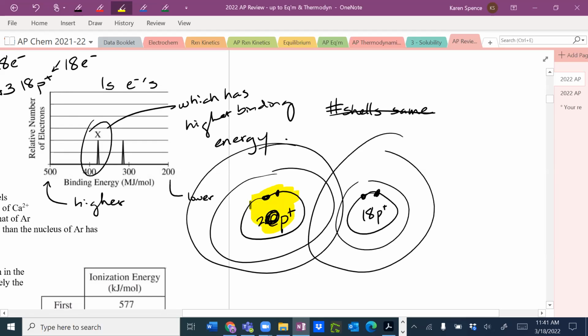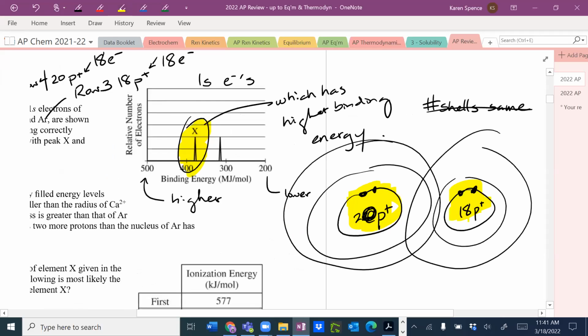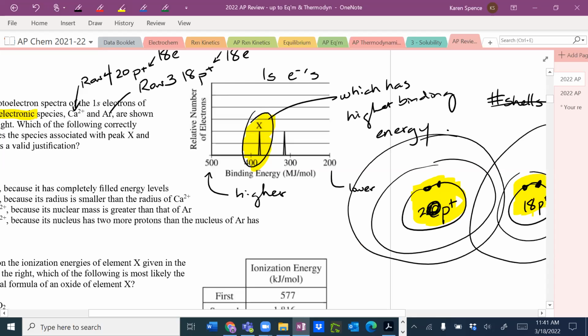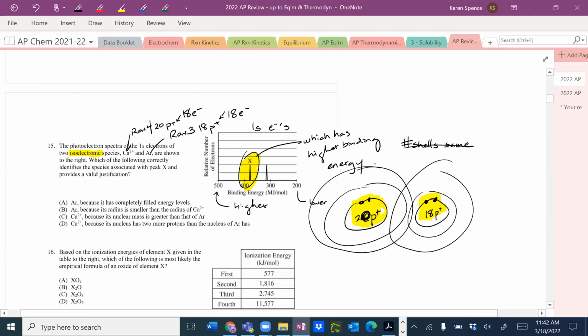And the answer is no, they don't really. Okay, so it doesn't really matter. What matters is that charge and we have a larger charge for calcium. And so that means that X is going to be the one that has the higher charge, which is going to be calcium. Yes. Okay, very good.